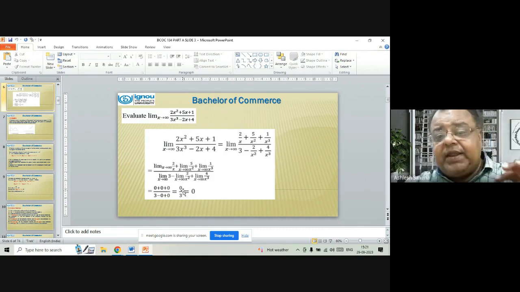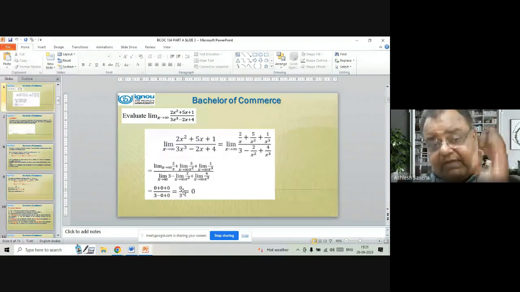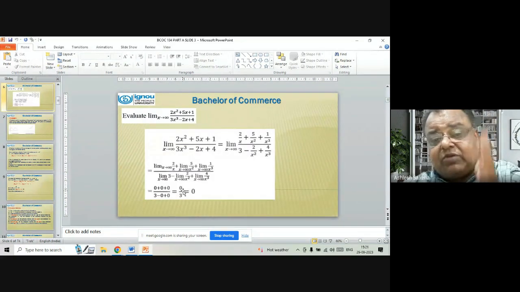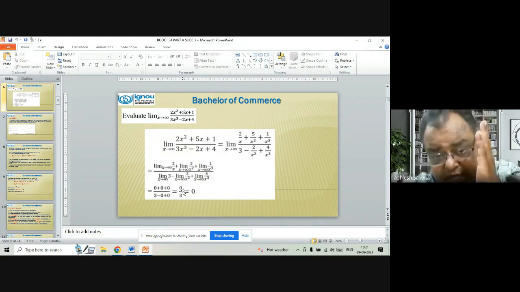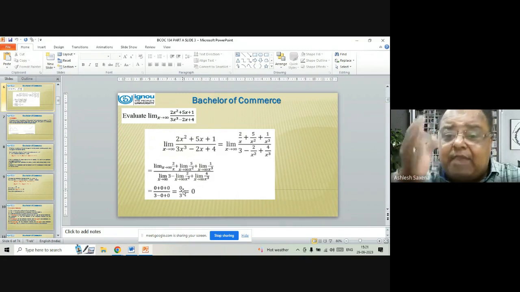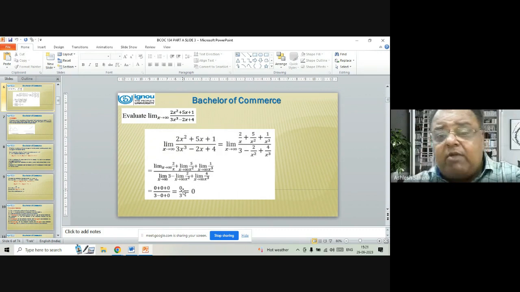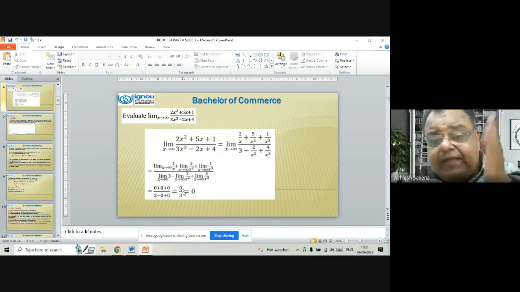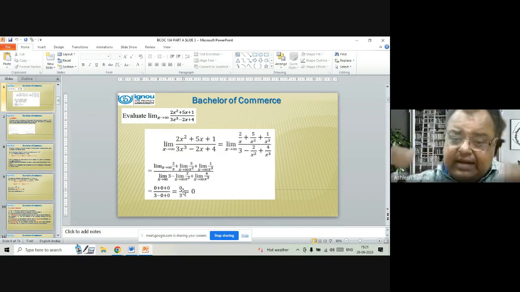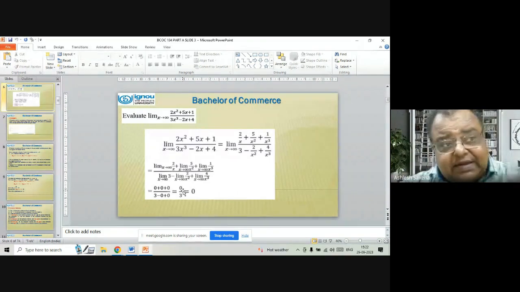I'm just repeating the method for solving if the limit is given in the form of x tends to infinity. You have to find out the variable which has the maximum power. In this particular problem, it is x cubed. That means the first step is to divide the numerator and denominator by x cubed. And then 1 by x is 0.